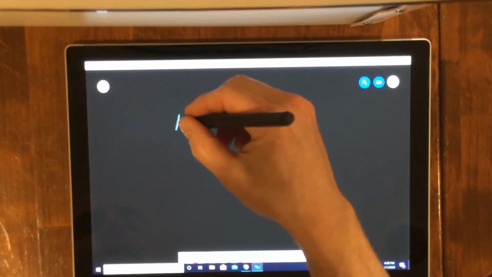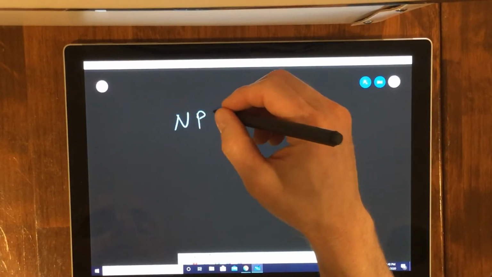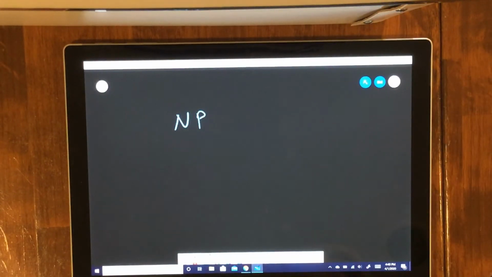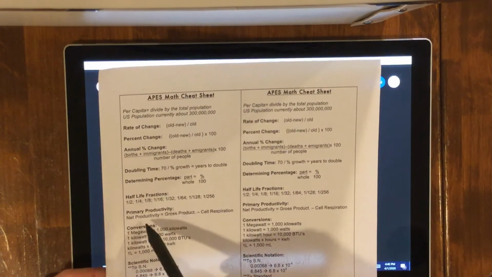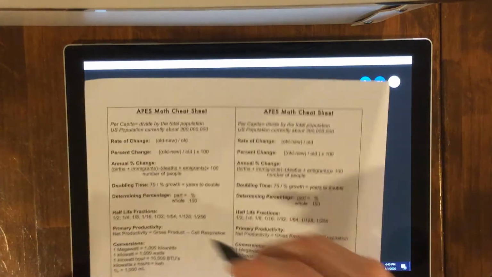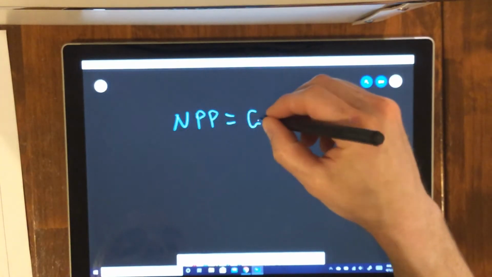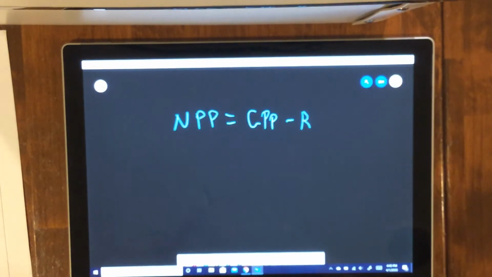There is one, net productivity. Net primary productivity, so it's NPP technically, equals gross primary productivity minus respiration.